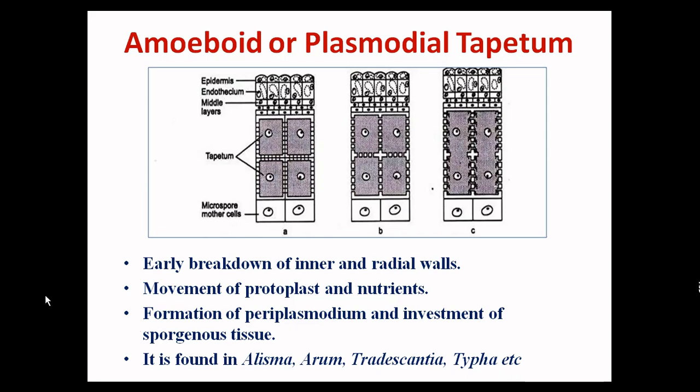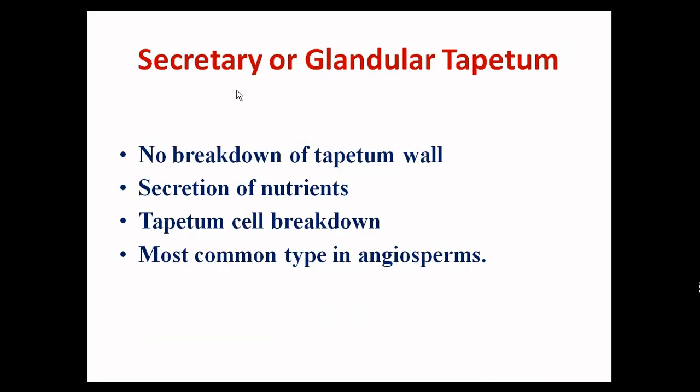The second type of tapetum is secretory tapetum, also called glandular tapetum. Its name says that there is a secretion of the nutrients. Here there is no breakdown of the tapetum wall, so all the cells remain in their original position for the complete period of the anther life.